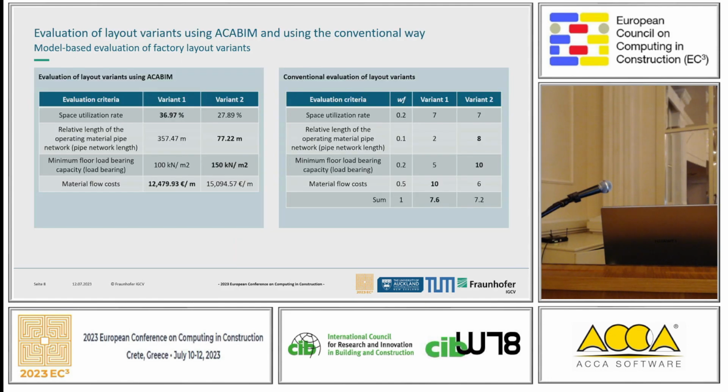But if you use it and can reuse it again and again, then it's quite helpful, because on the left side you get quantitative data which is directly measured by the model, by the lists, by all the data you've inputted, and on the right-hand side, this type of evaluation of layout variants is always objective. If you give it to two persons, you will have two different results out of it.